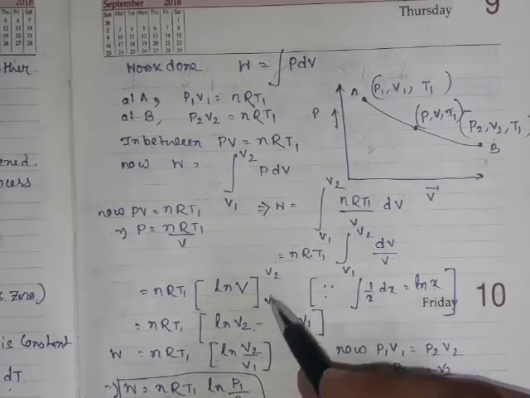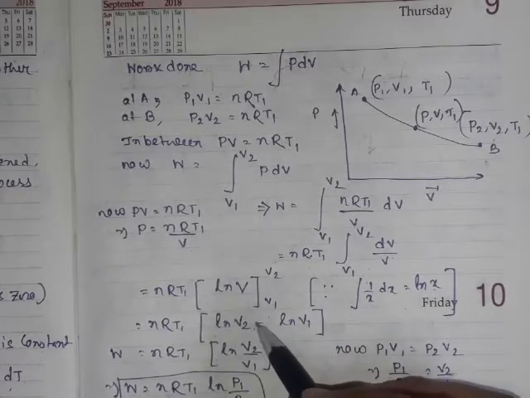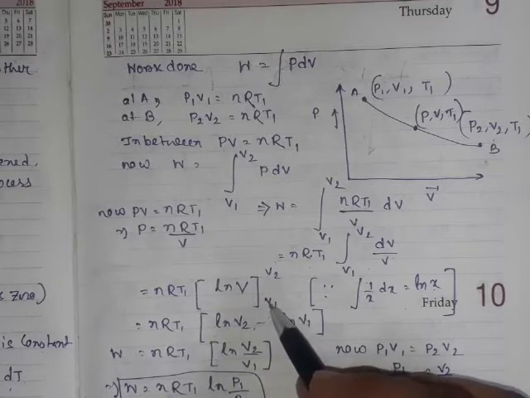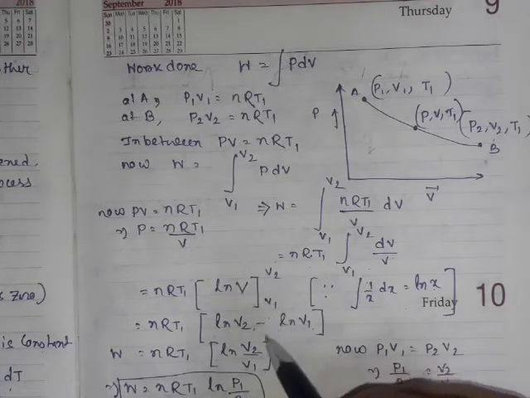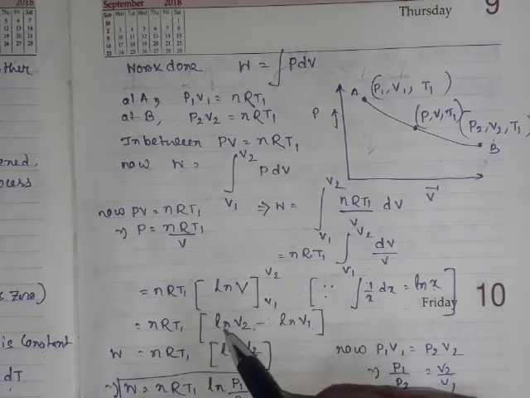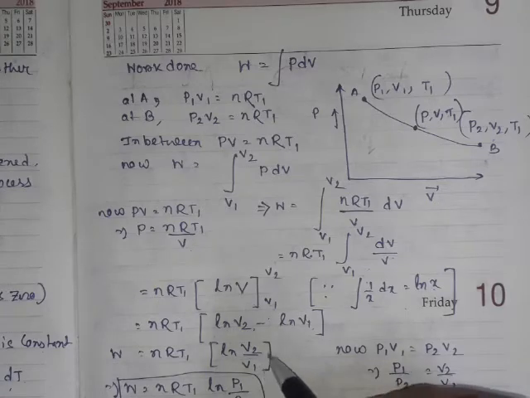You put the upper limit first, that means you get ln V2, then put a minus sign and put the lower limit, ln V1. That's how we use the limit. So nR T1 times ln V2 minus ln V1, which is ln V2 by V1.